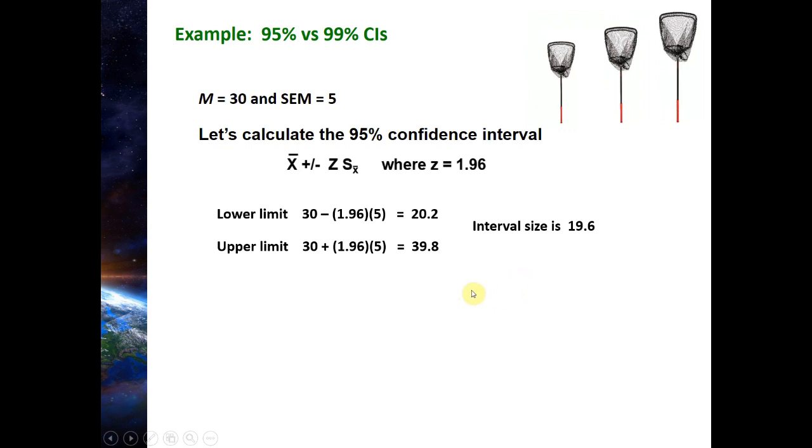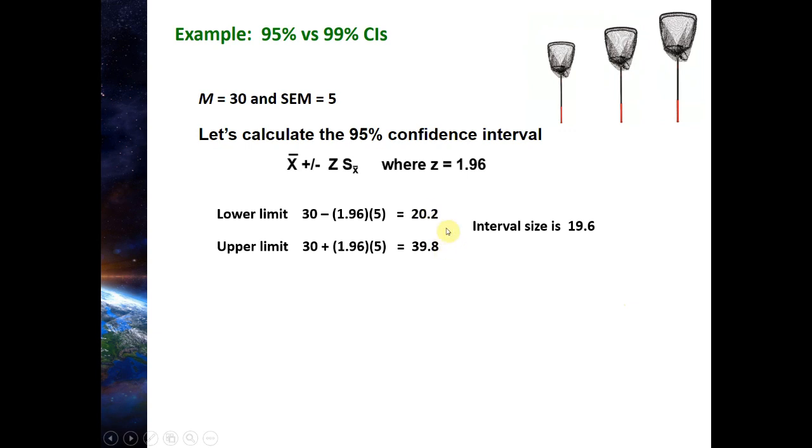The one beside the lower limit is saying greater than or equal to 20.2, and the other one on the other side of mu is less than or equal to. Sorry for the confusion there, folks. So you're saying it's between these two numbers.